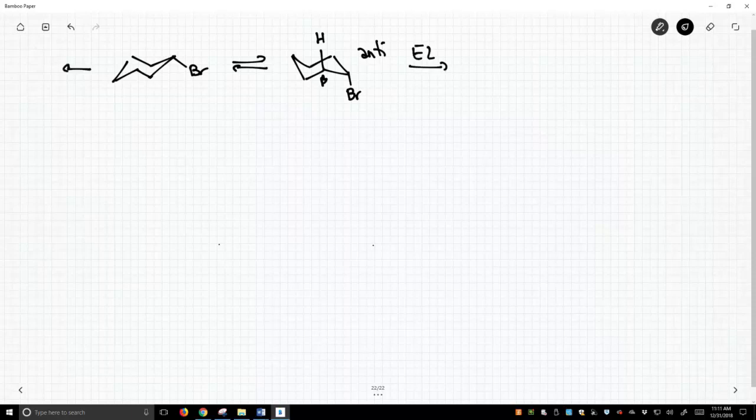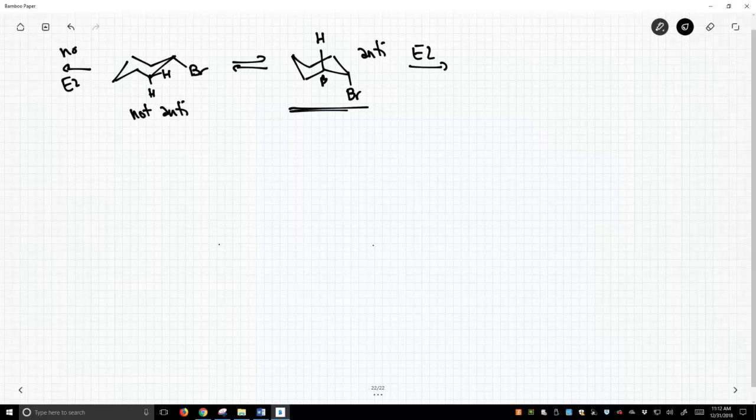This one probably can't do any E2 elimination because the beta hydrogens are not anti to the leaving group. Now there's a little bit of a problem with this, because this conformation on the right should be higher in energy.